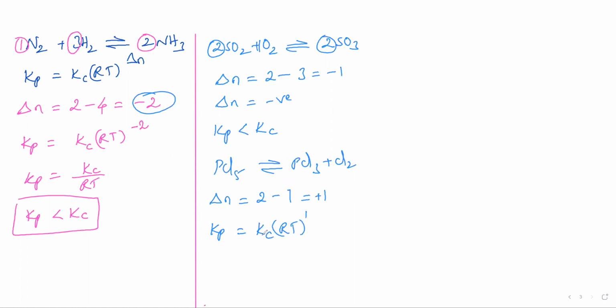So Kp is Kc multiplied by something. That means Kp is greater than Kc. Done. So this is about the relationship between Kp and Kc.